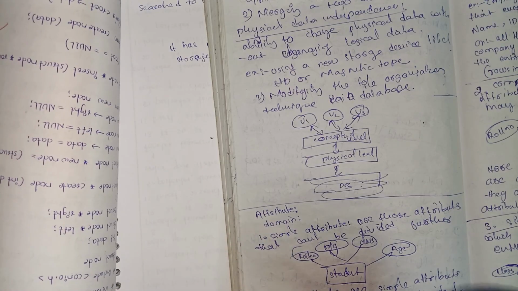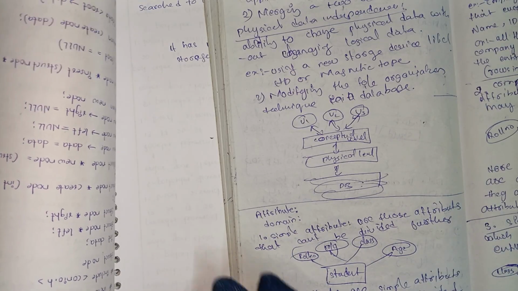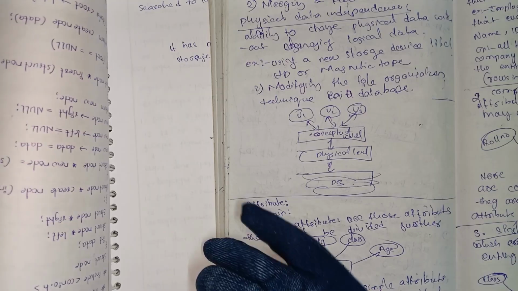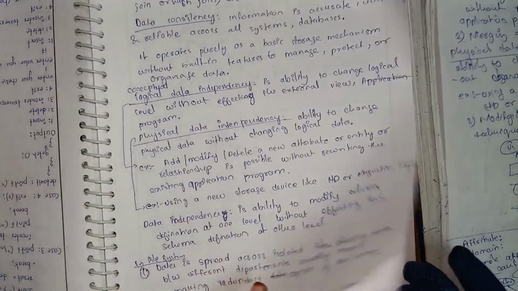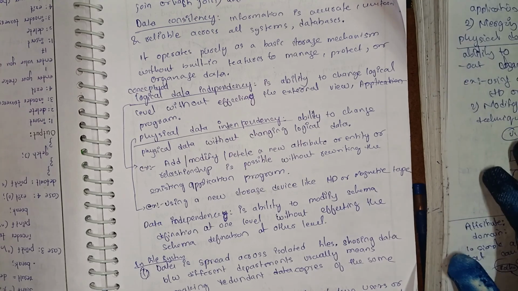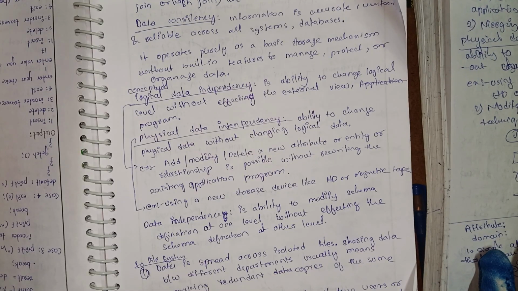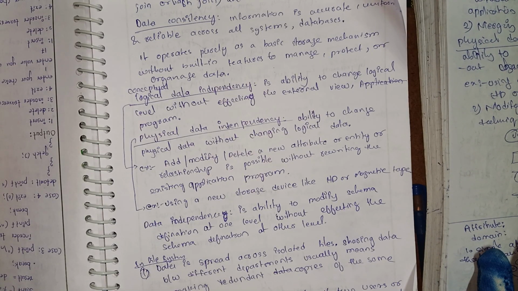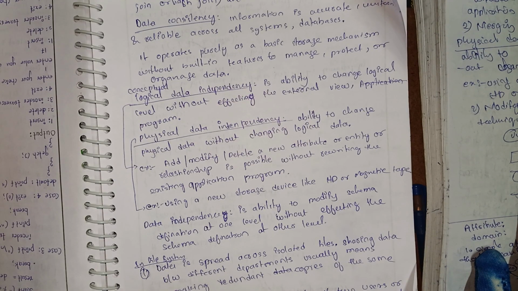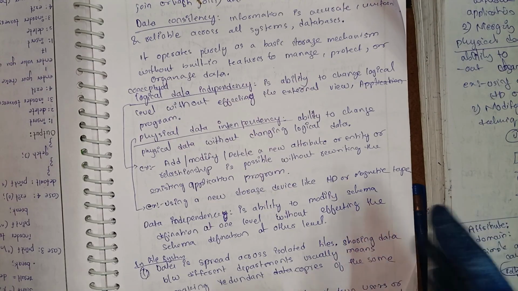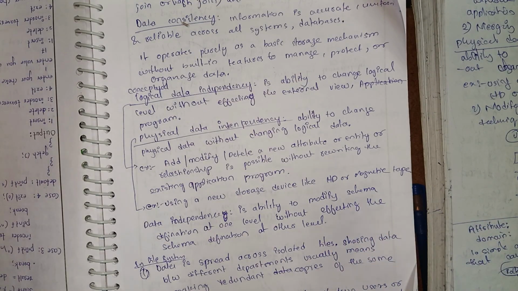There are no levels to be compared. There is no sufficient number of layers to be compared, as in logical data independence, to observe the effect of the change.